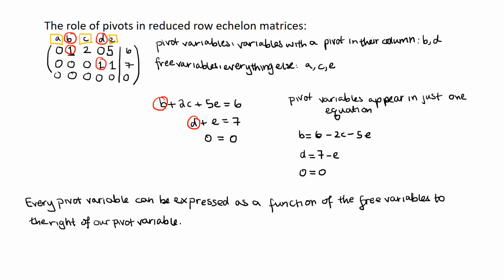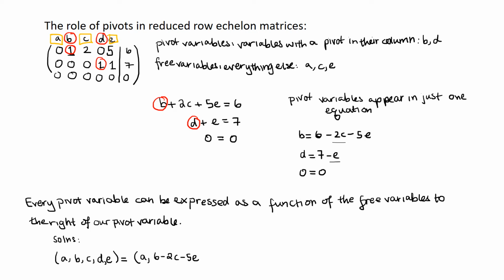So in our case, our free variables are A, C, and E. When we look at our solutions, they are going to be elements of R5. So we have 5 different coordinates, and as long as I use these functions of my free variables, I'm going to have a solution to my system.